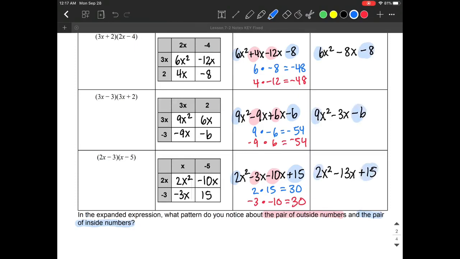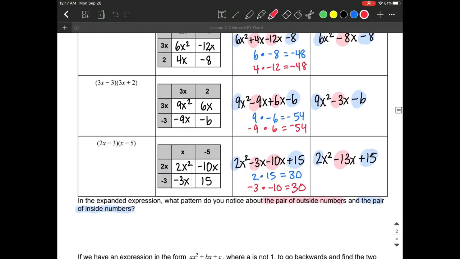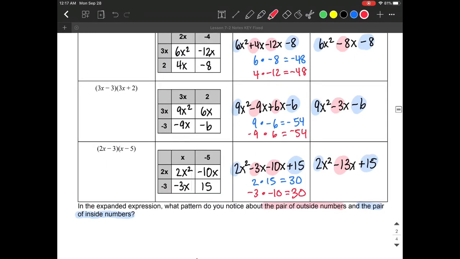I need to be able to use A, B, and C to go backwards. If I look back at my ax squared plus bx plus c form, I used the diamond. I just used whatever the c term was to find what I needed the numbers to multiply to. And I used whatever the b term was to find what they added to.